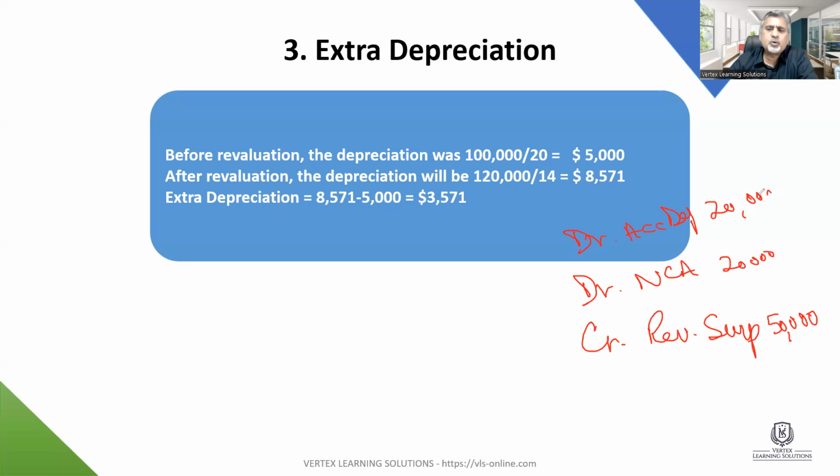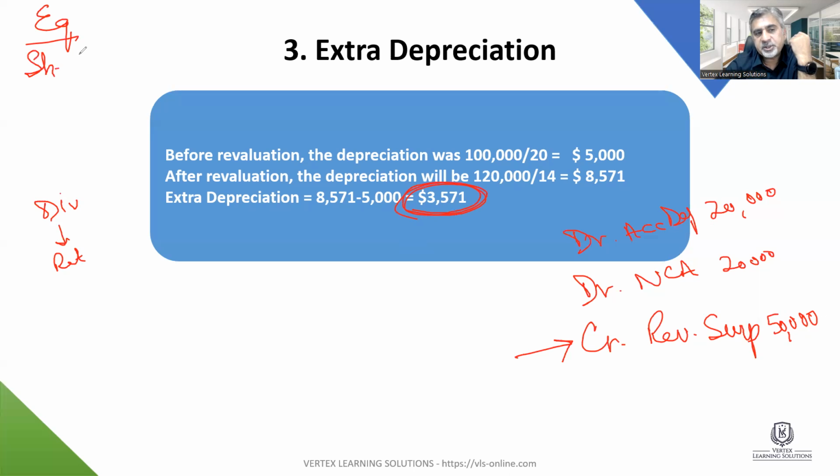Okay, this is what we did. This amount is lying there, which is untouchable. I say, your problem is with 3571. Because revaluation surplus, you cannot take home money.